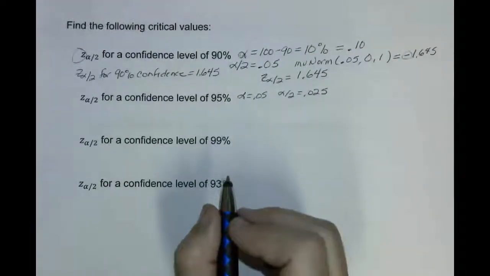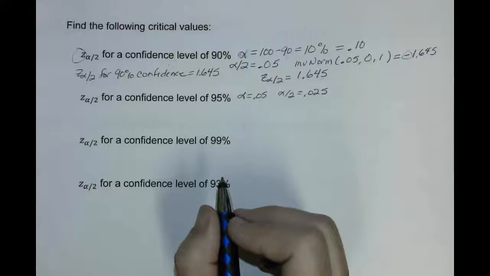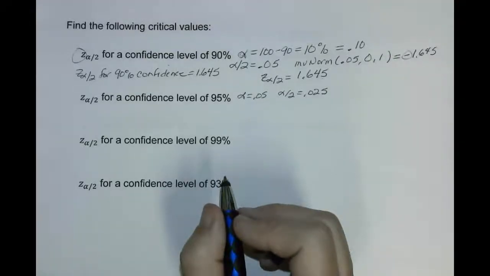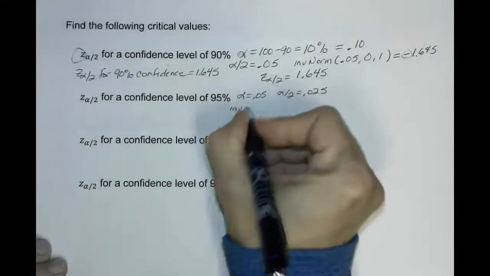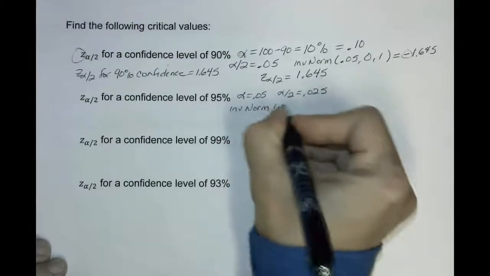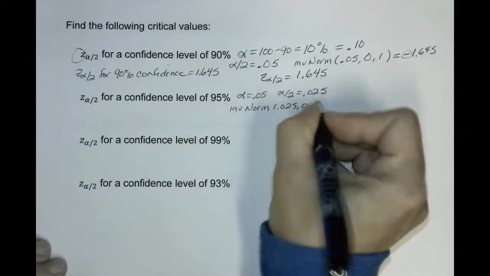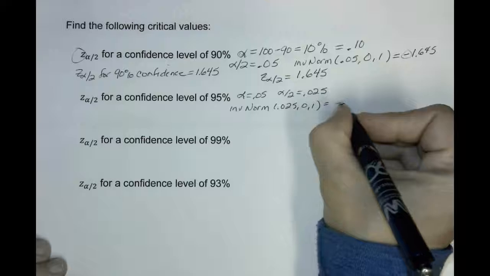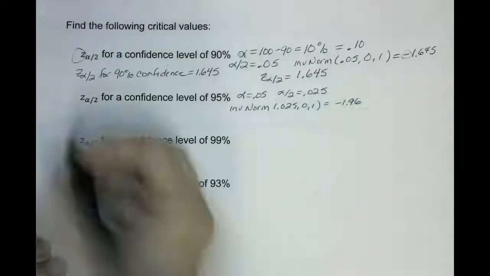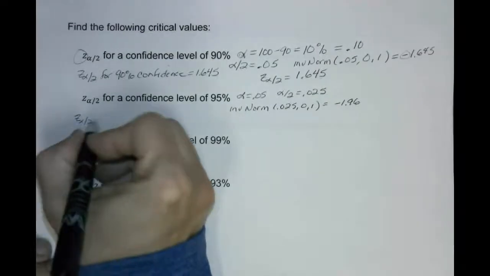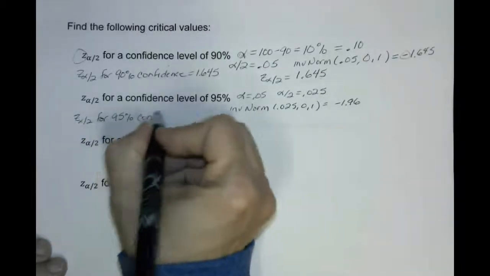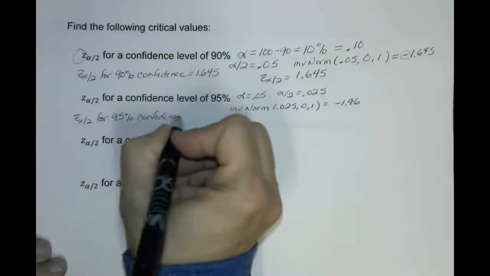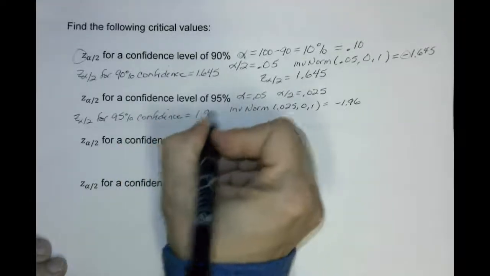So if you find the critical value for that one, that's going to give you negative 1.96. So that means the Z for 95% confidence is always 1.96.